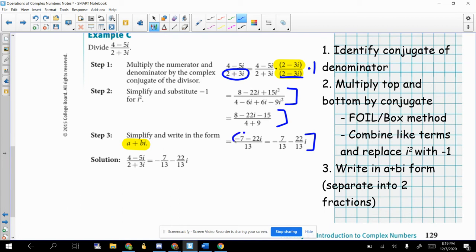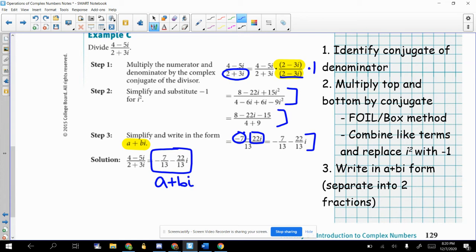So basically you just take this and put it over 13, and then take this and put it over 13, the denominator. Okay, and that's how they got this final answer here of -7 over 13 minus 22 over 13i. And now it's in that form, a plus bi for a complex number.